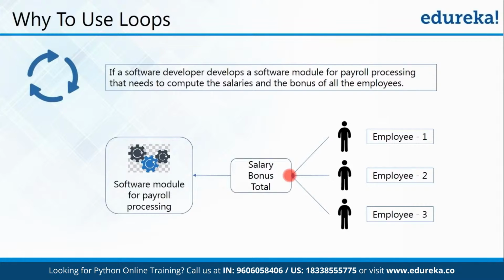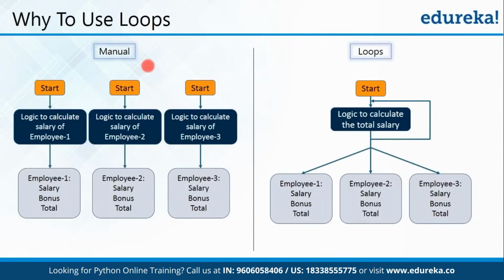Now there are two ways of executing this task. One way is you can write a logic to calculate the total salary of each of the employees, including fields like salary, bonus, and total, and write that logic for all the employees in your office. There might be hundreds of employees, so you need to write the code for all of them.